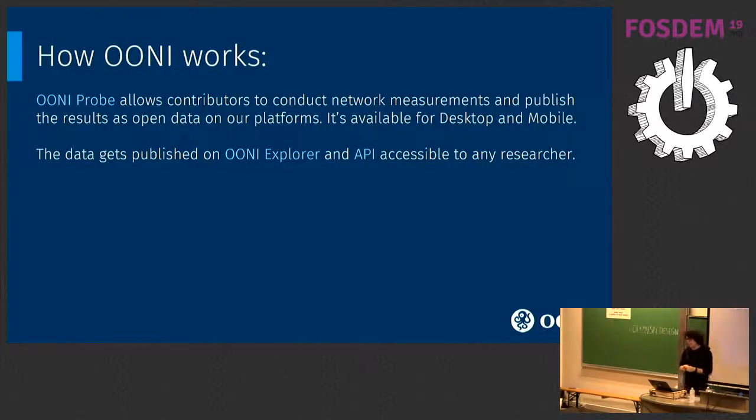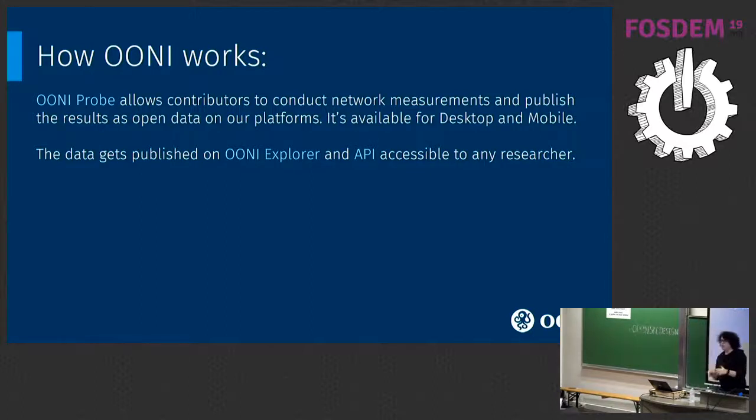How OONI Probe works is that you install the software on your mobile phone, iOS or Android, or your desktop, or even a Raspberry Pi. If you want to run tests to see which websites or messaging apps are blocked, you can do that from your phone.